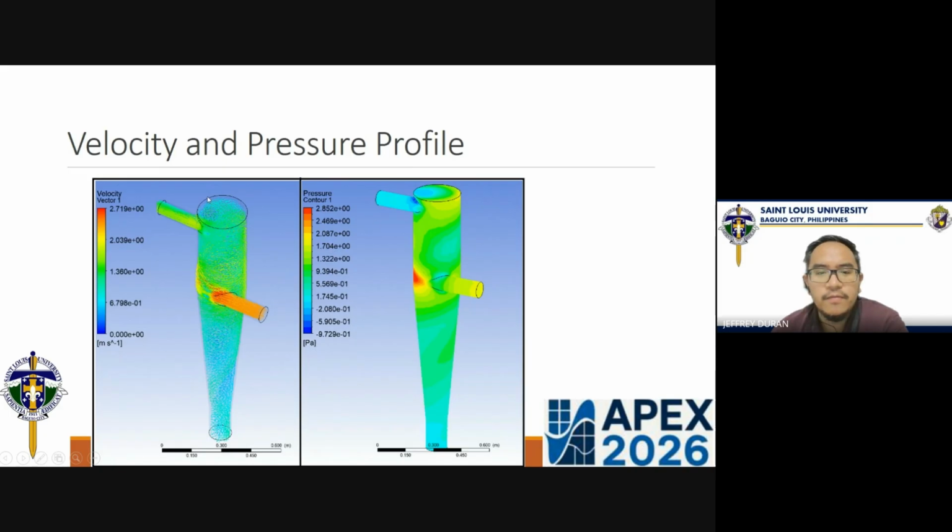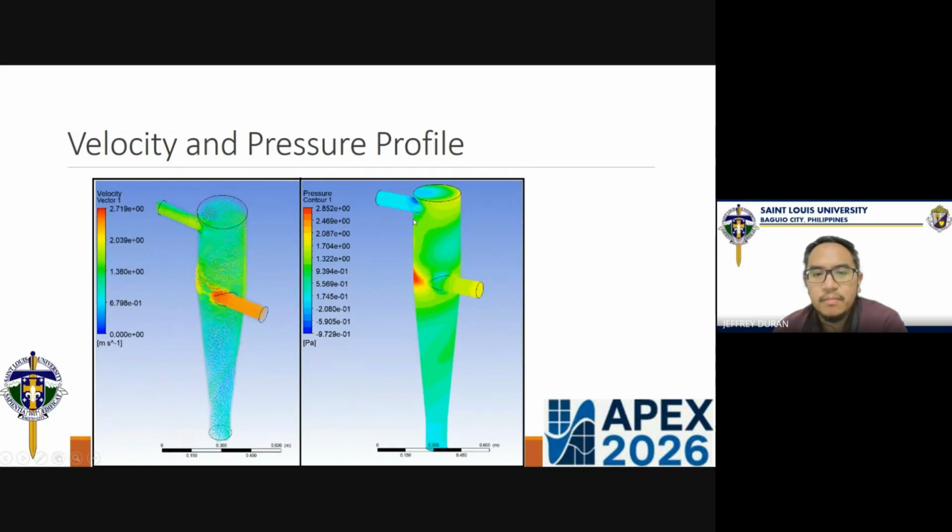In line with the discussion of velocity, we also have our pressure. If you could notice, a moderate pressure is generated here. It's not yet the highest because the highest is the one directly hitting the wall. So if you can notice, there's a red patch of pressure here on the inlet wall, or rather the wall of the cyclone.